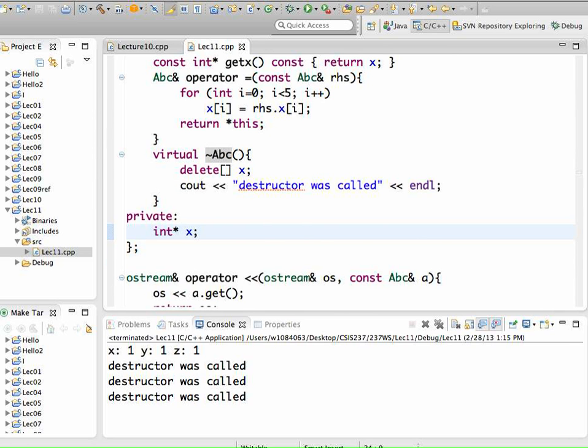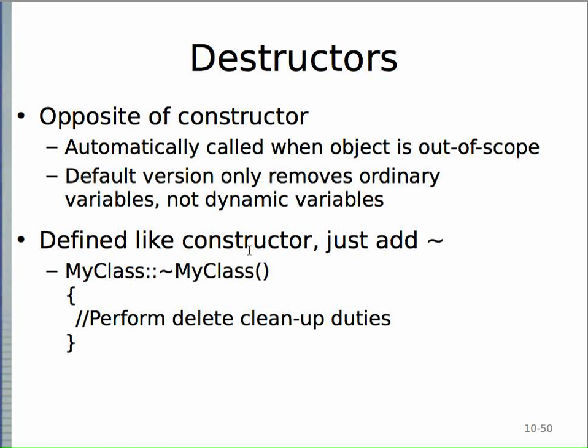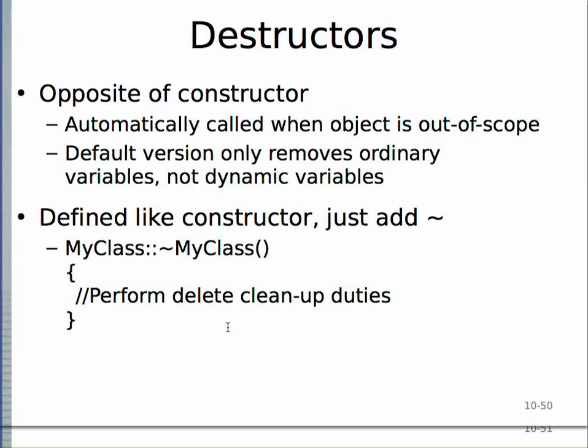It's only when you use new dynamic memory allocation that you need to use destructors. Okay, and this is how this works. If you inline it, you just say tilde, your class name, open close parentheses, and perform all the delete cleanup duties.